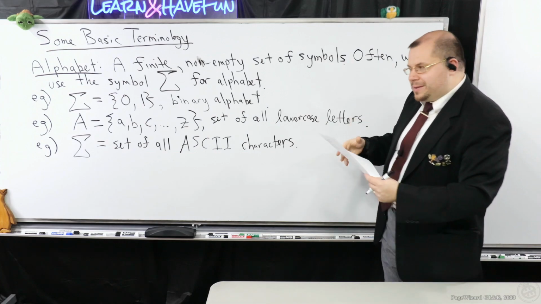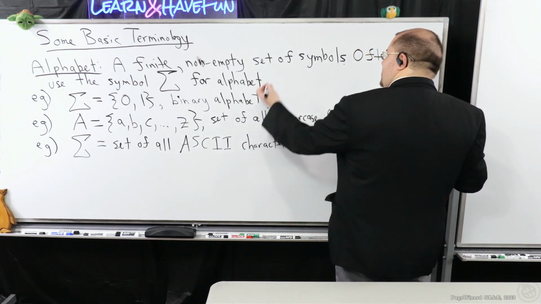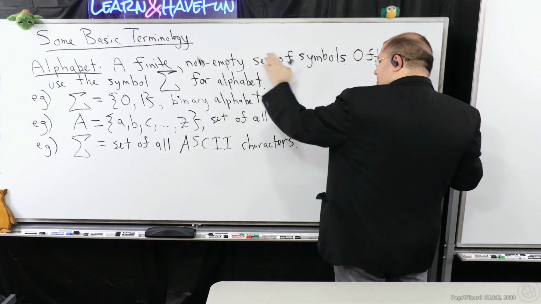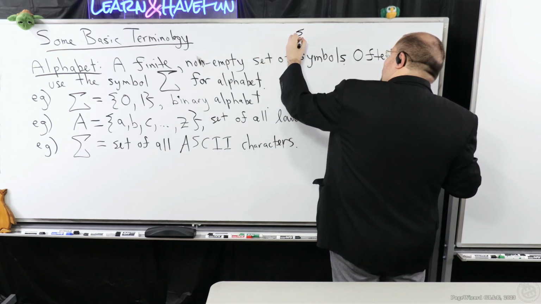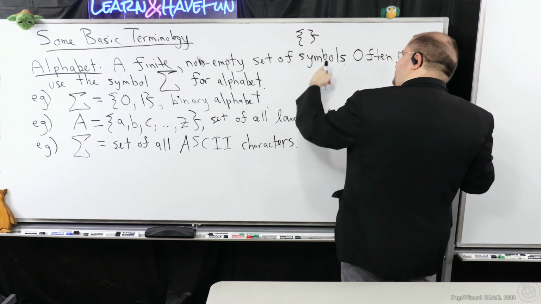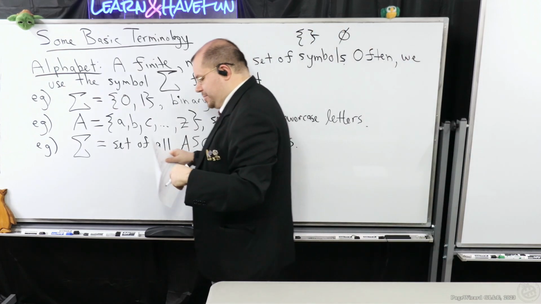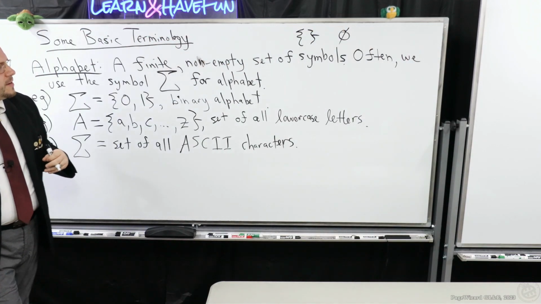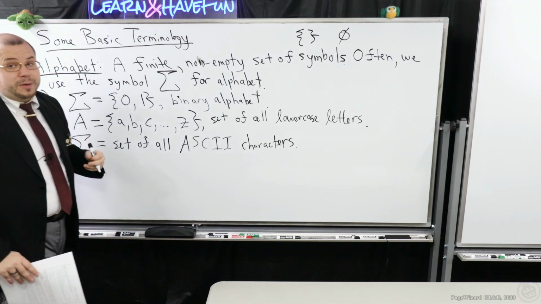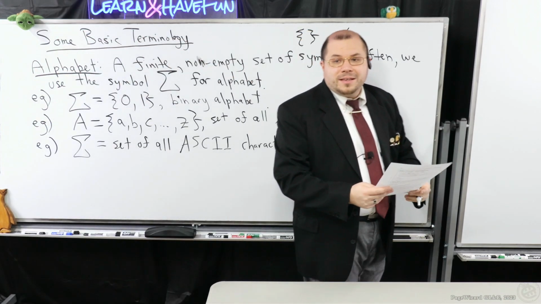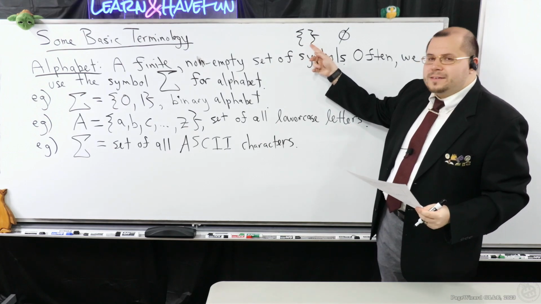Just to be clear, actually I have a question for you. Just to reemphasize this definition, if I gave you a set that looked like this, there's nothing in here, otherwise written as this. This is what we would call the empty set. Is that an example of an alphabet? So is this an alphabet?